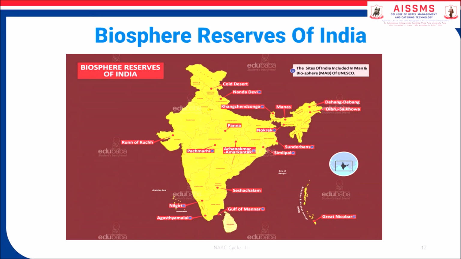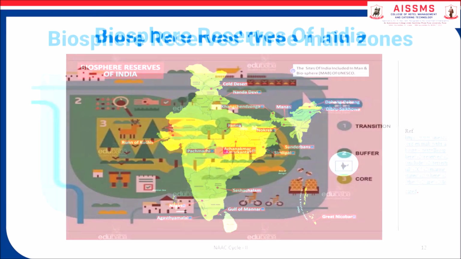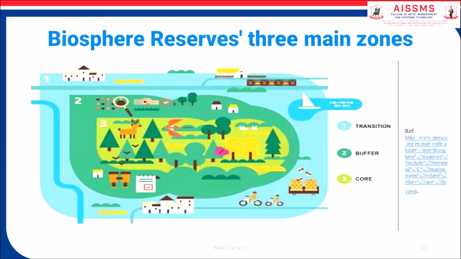In this diagram, you will be able to see three main zones of biosphere reserves marked as 1, 2 and 3. Let us understand the core area, which is marked as number 3 here in this diagram. They comprise a strictly protected zone that contributes to the conservation of landscapes, ecosystems, species and genetic variation.